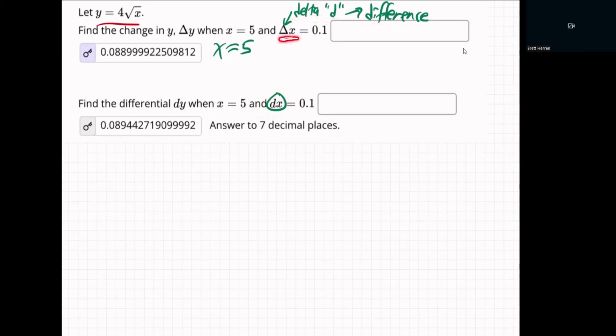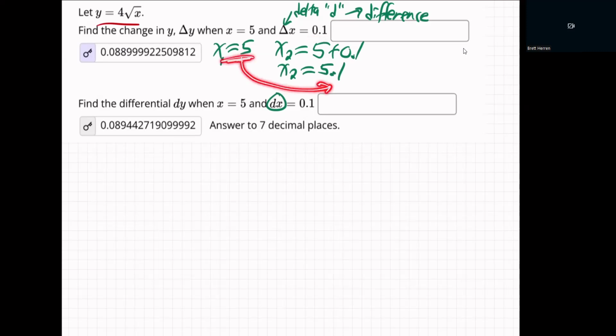So that means the difference in x is 0.1. So x1 is 5, and x2 is going to be 5 plus 0.1. In other words, x2 is 5.1, because the difference is 0.1 further to the right.